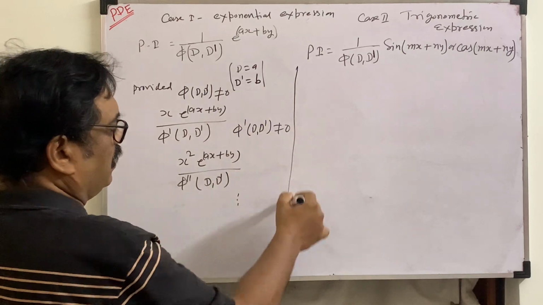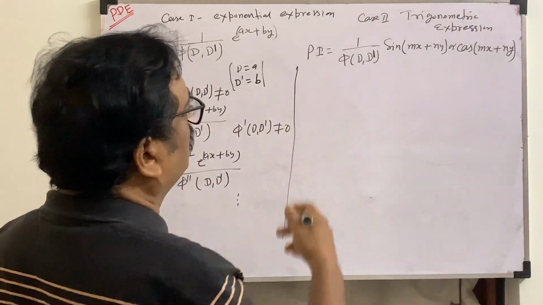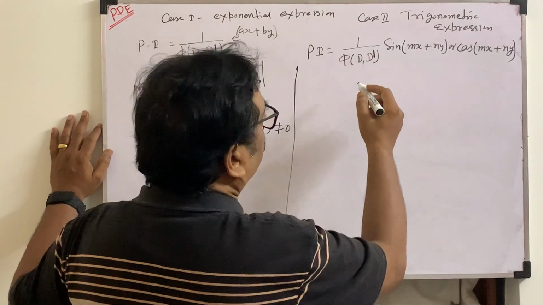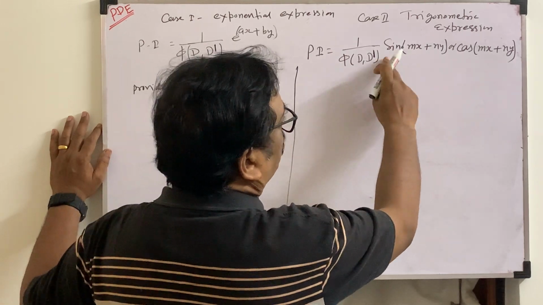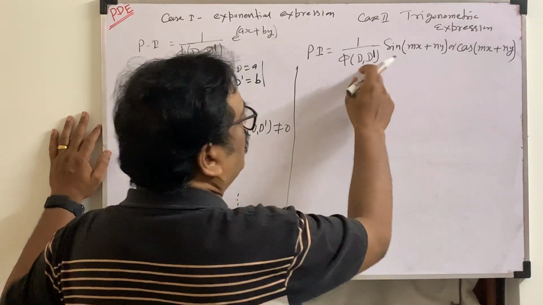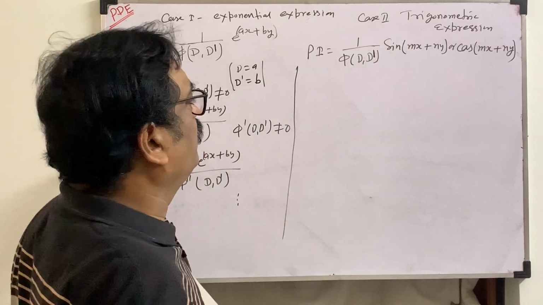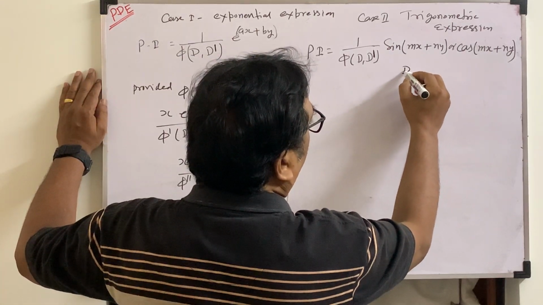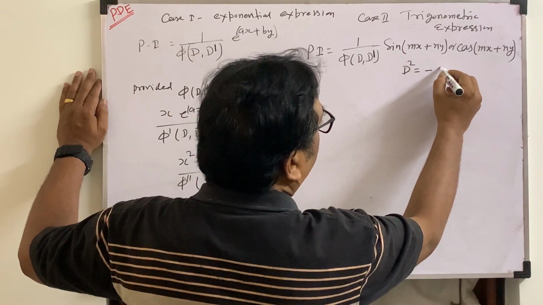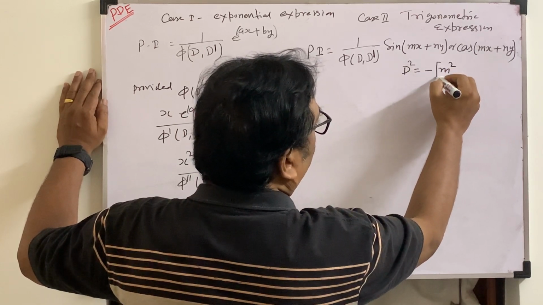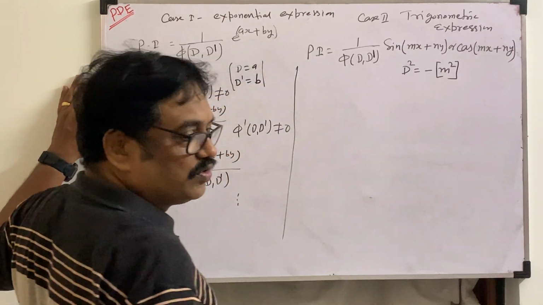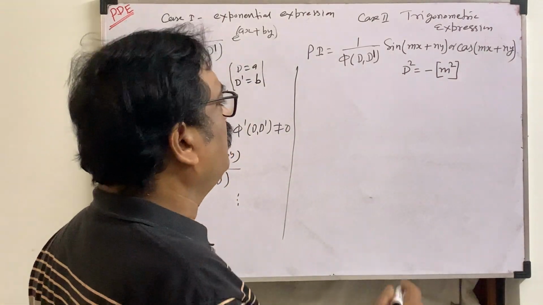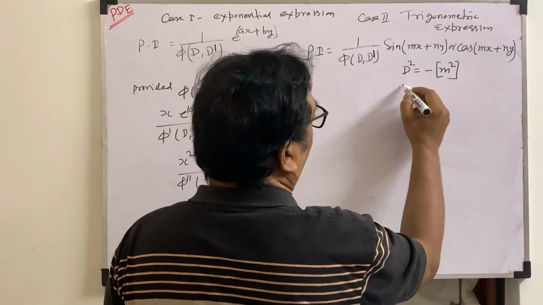Already problems we did; now we'll do a combined problem. Now see the trigonometry rule. Here either sine or cos will be there in the homogeneous partial differential equation. So what will we substitute for trigonometry? You have to remember D square equals minus m square. Remember this minus will not be in the square.